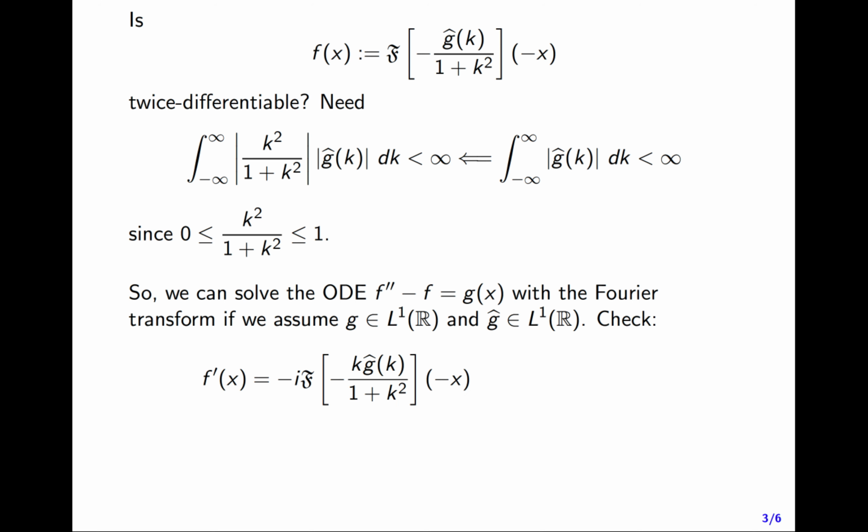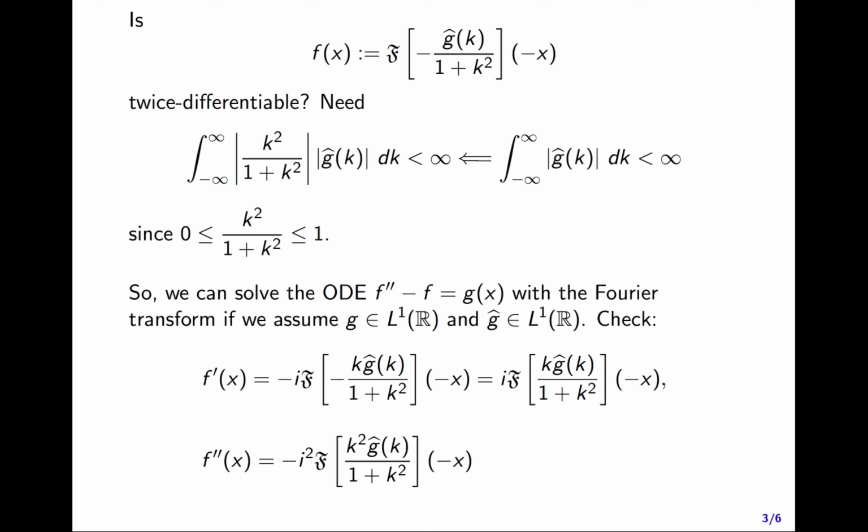Indeed, we check this with f of x equal to the Fourier transform of minus g hat of k over 1 plus k squared at minus x. We differentiate it one time with respect to x to get minus i times the Fourier transform of minus k g hat of k over 1 plus k squared at minus x. And that turns out to be i times the Fourier transform of k g hat of k over 1 plus k squared at minus x.